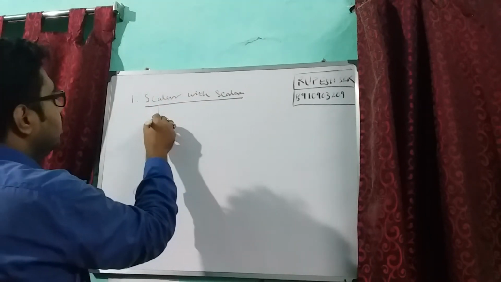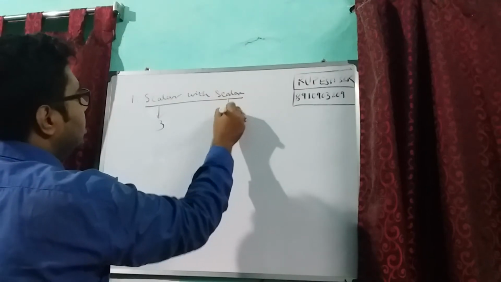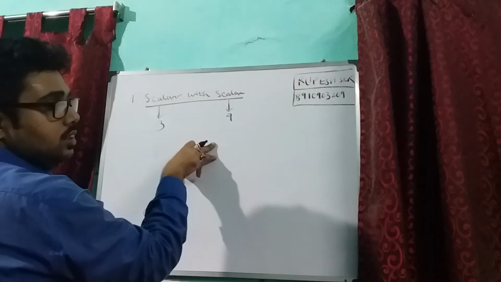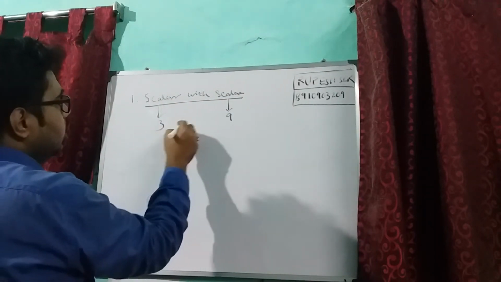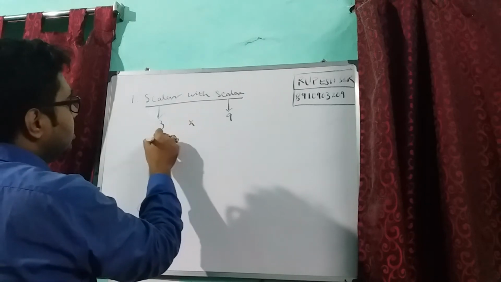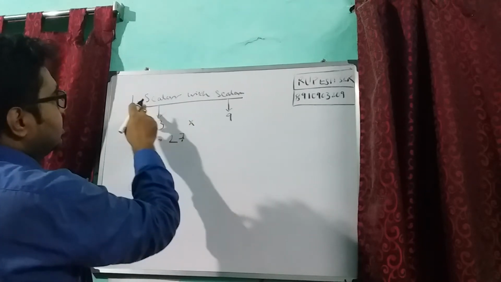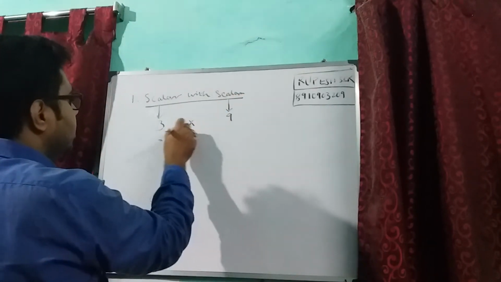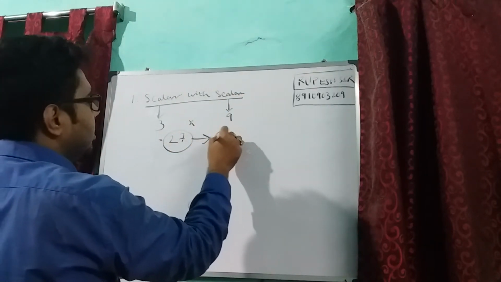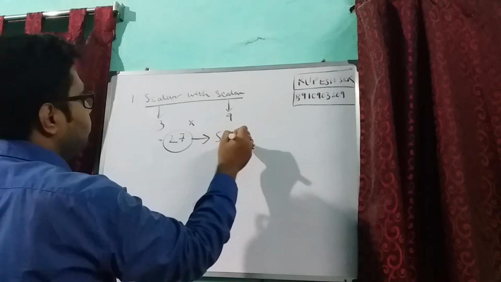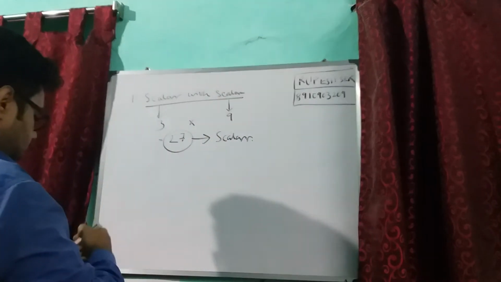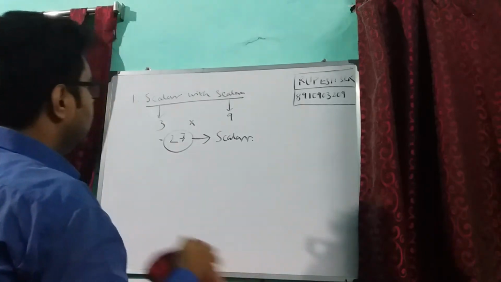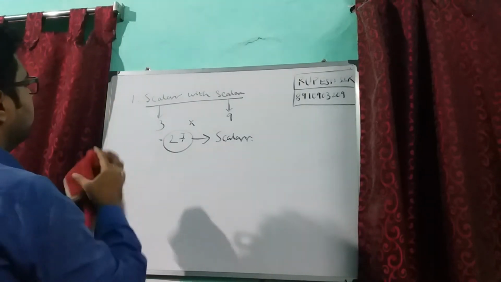Let us take 3 and 9. So, what will be the result? It will be 3 into 9 equals 27. So, a scalar with scalar product returns a scalar. Okay.